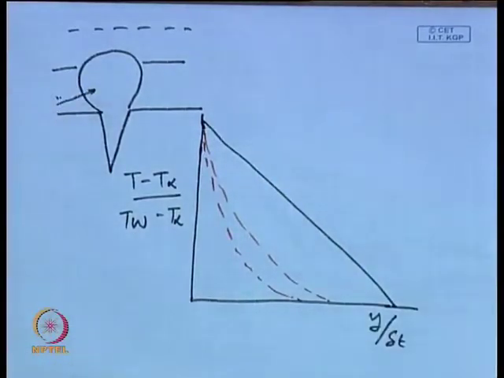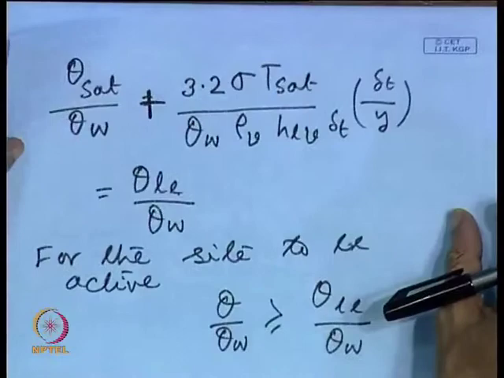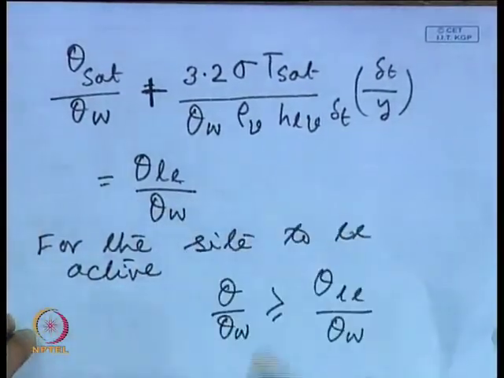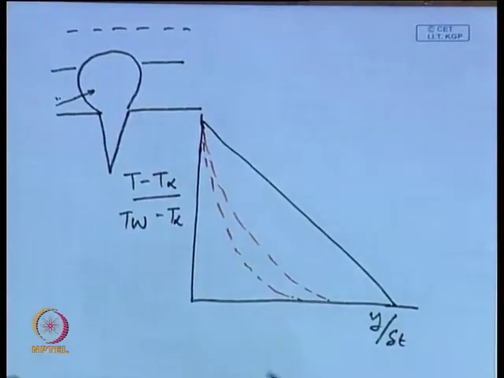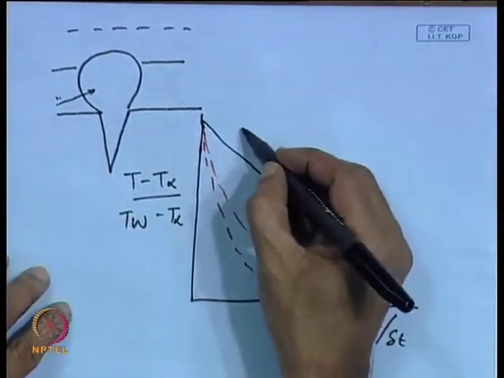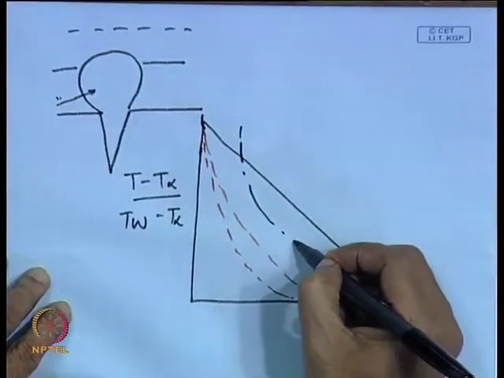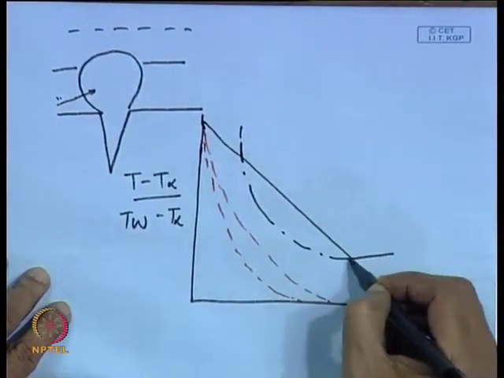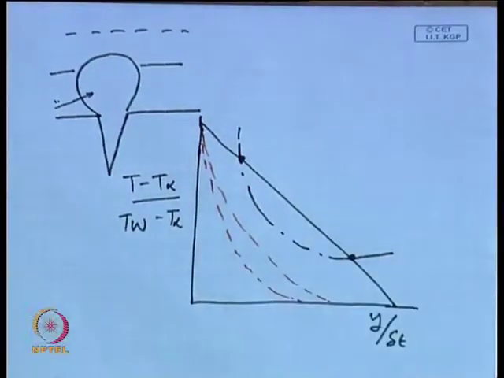Now, what we do, the delta T sat equation which we have already written for the vapor bubble, if I superimpose this equation on this curve, I will find that this equation is cutting the steady state temperature curve at 2 points.